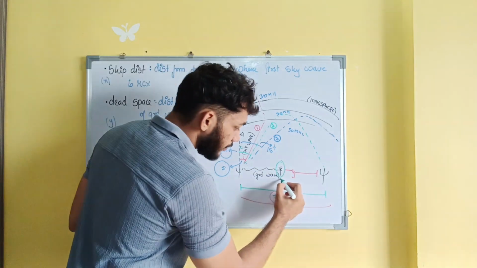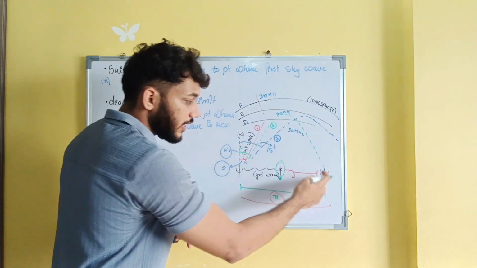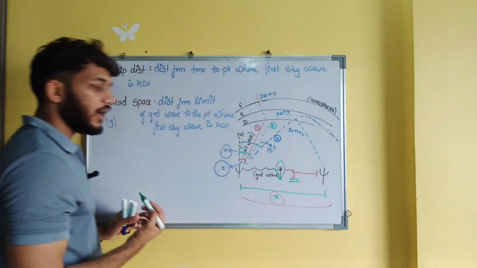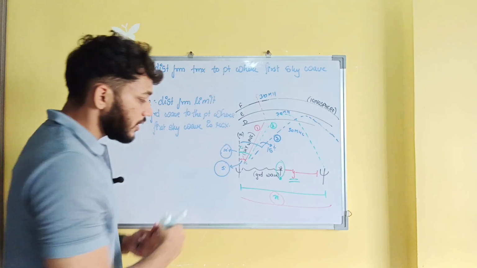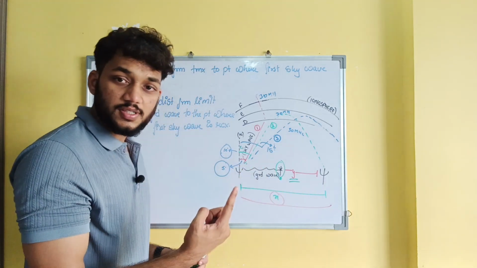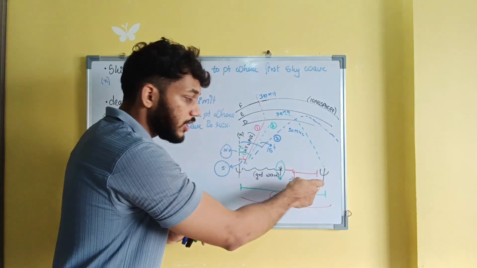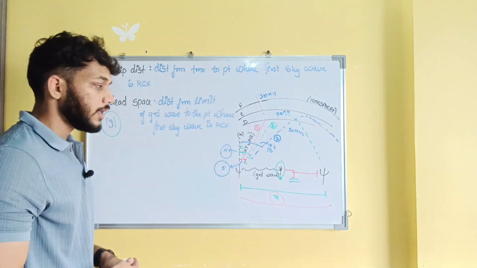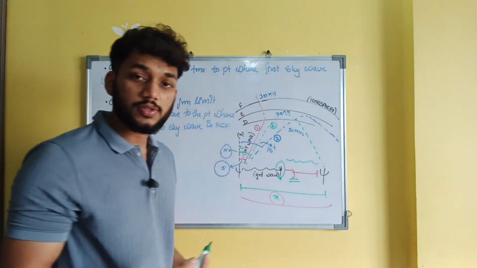So the distance from this point where our ground wave attenuates to the point where our first sky wave is received, this distance is called our dead space. In this case it is y. Understood? So from transmitter to our first sky wave it is skip distance, and from our ground wave attenuation to our first sky wave is our dead space. Okay, so basically dead space is the area where you get no signal.